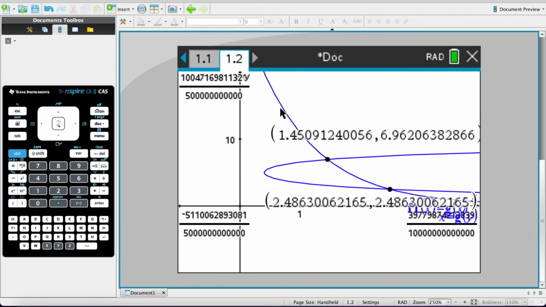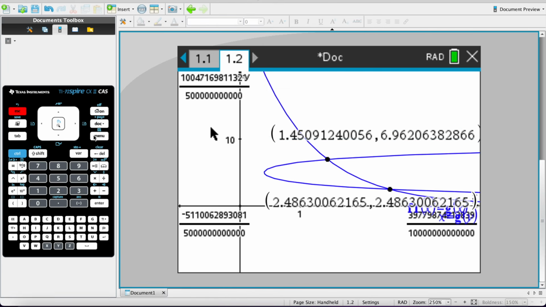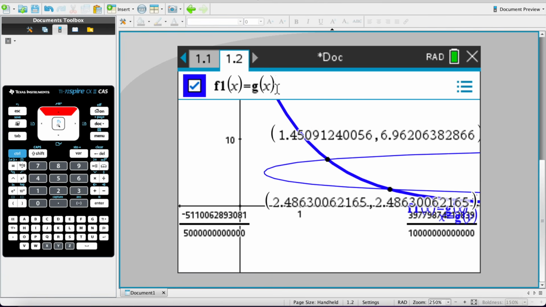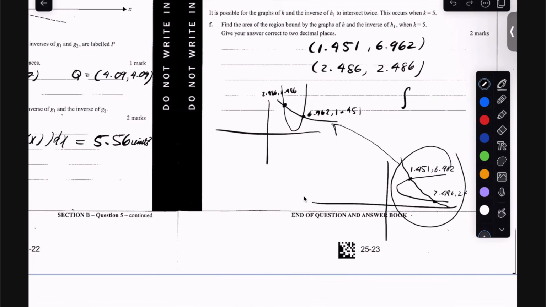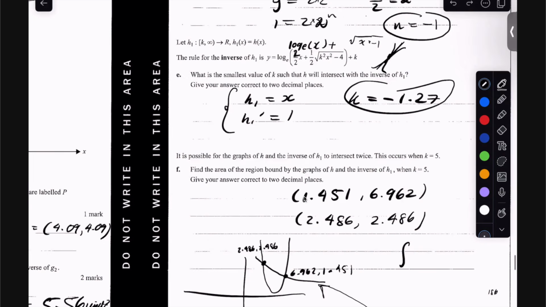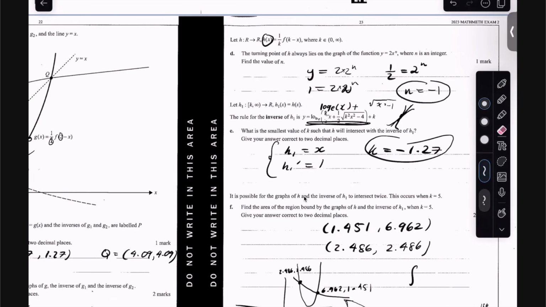So this one here is graph f1, which is, I'll go back to my function entry, menu, graph entry, function, and you can see f1 was g of x. And they told you the derivative of g of x. They told you the inverse, sorry, not the derivative, of g of x, which is this one, now that we're talking about when k is 5.